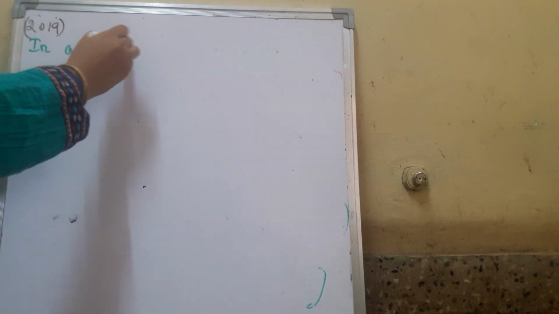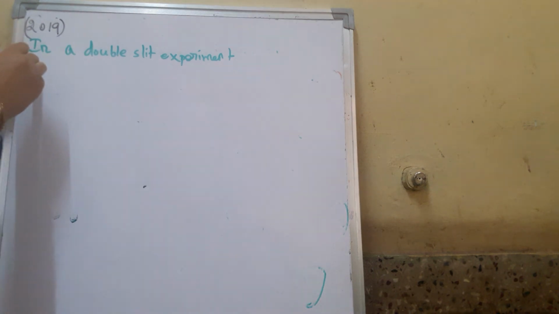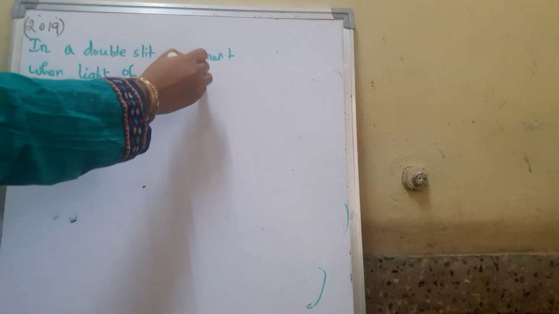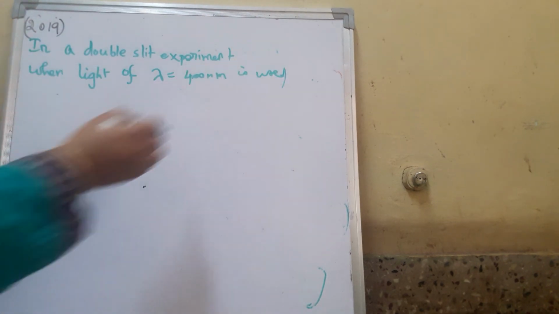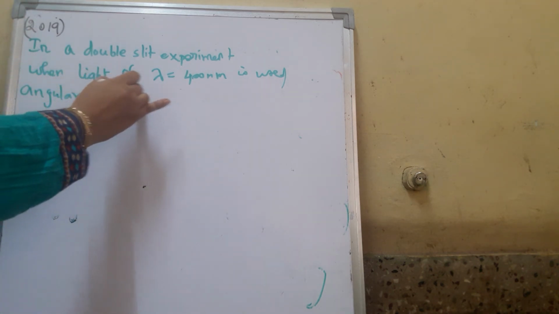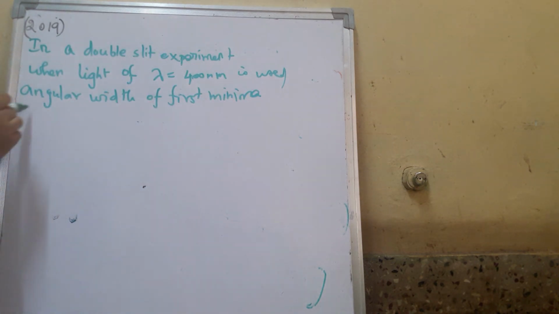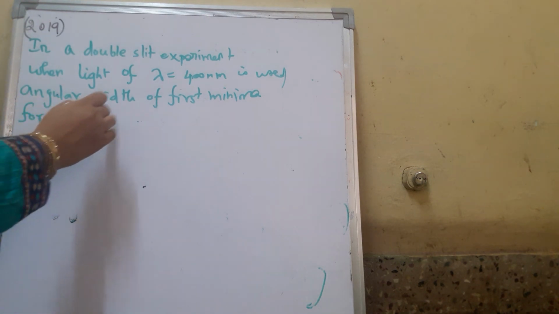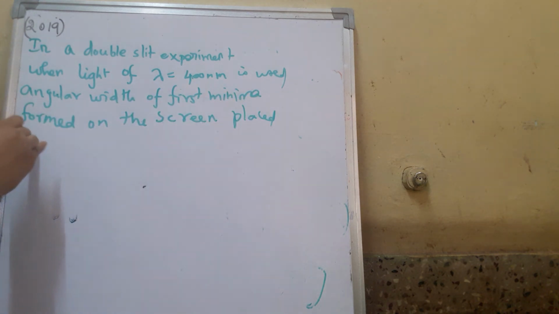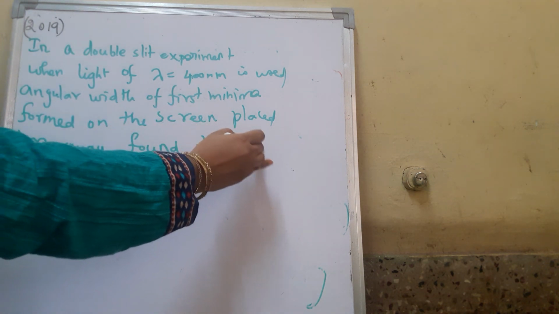In a double slit experiment, when light of wavelength 400 nanometer is used, the angular width of the first minima formed on the screen placed 1 meter away is found to be 0.2 degree.